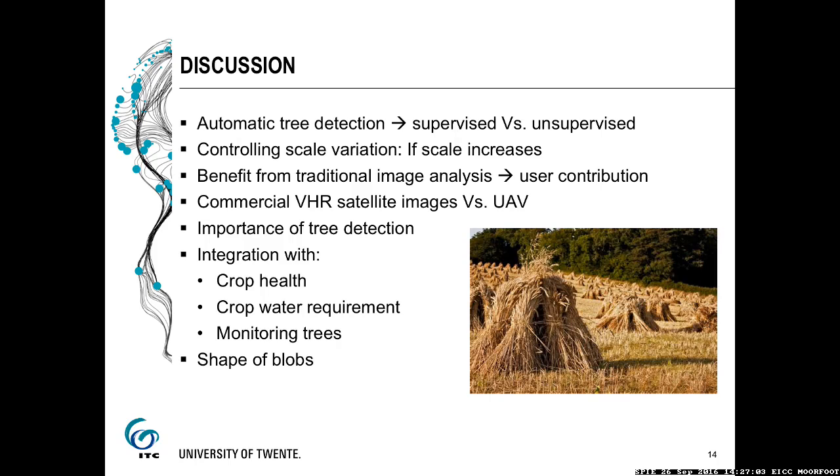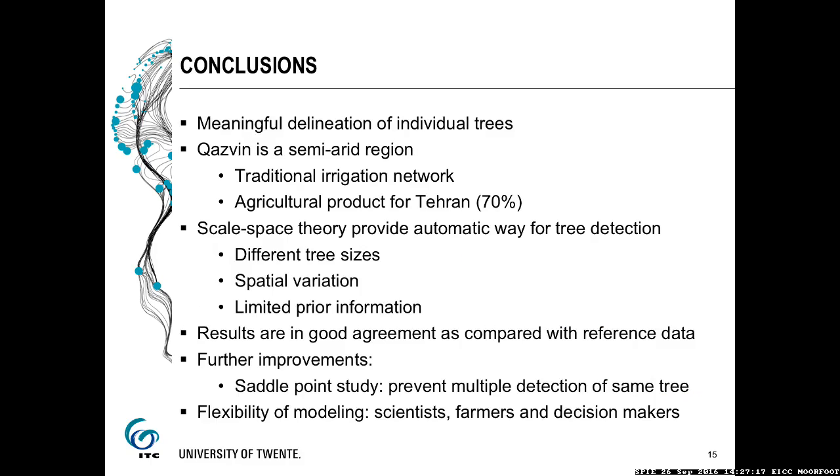As I mentioned, the trees on remote sensing images have a bell-shaped intensity profile, which can really help us detect them. So in this study, we actually find a meaningful delineation of the individual trees.